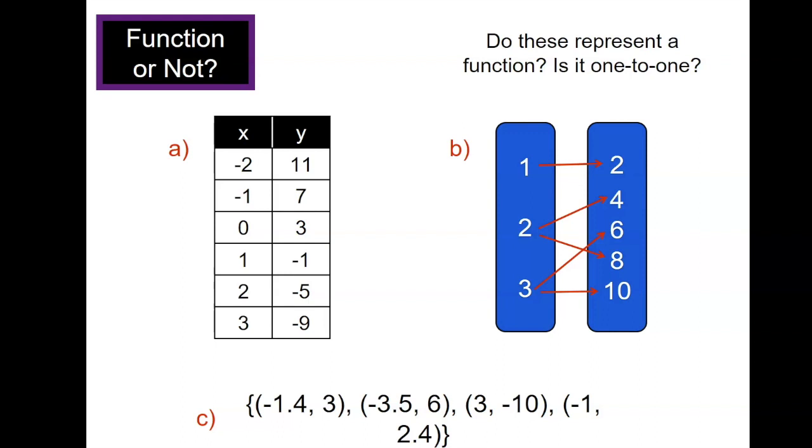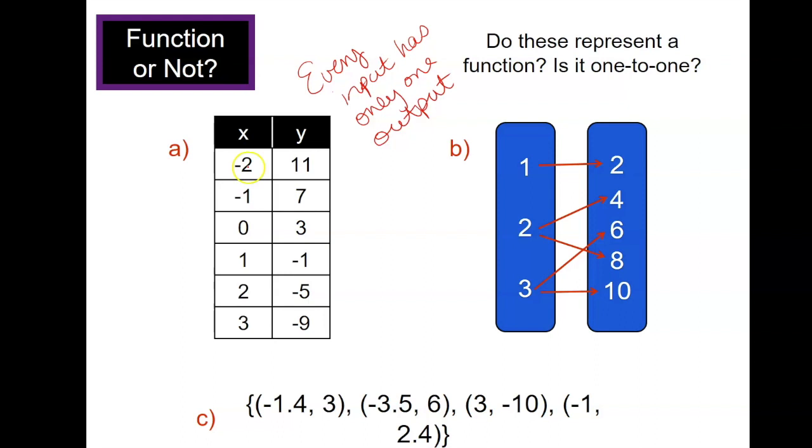So in our last lesson, we looked at the definition of a function being that every input has only one output. So our x values should go to one y value.